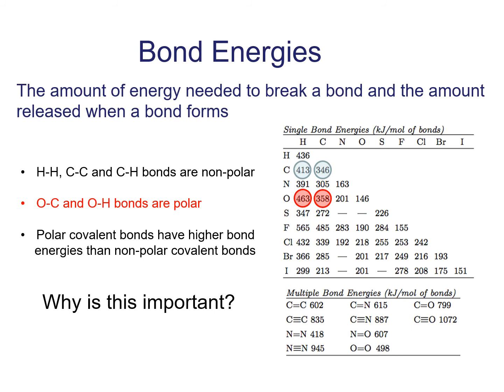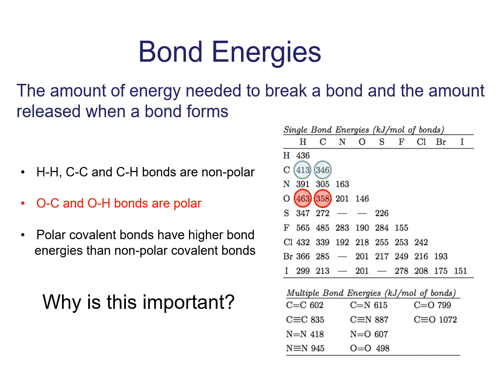And what you're doing when you break down your food is you are taking nonpolar, low bond energy bonds, breaking them, and then rearranging the parts and creating polar bonds with much higher bond energies. So you get more energy out than you put in. This is what makes life possible.